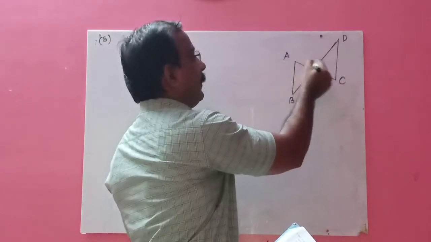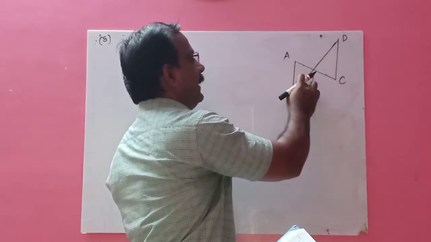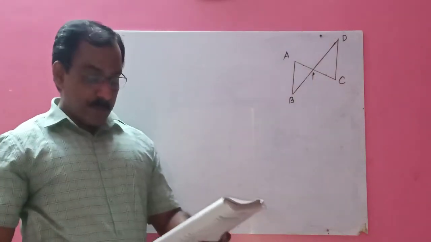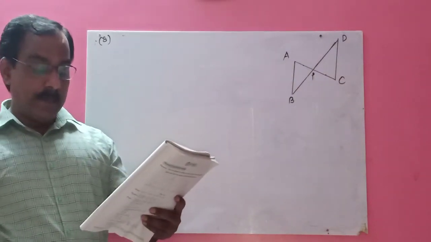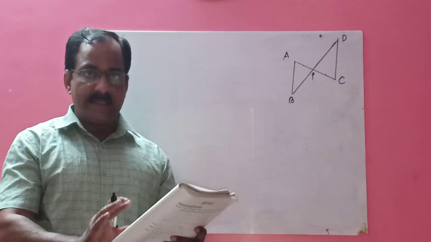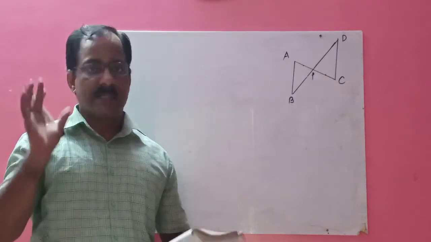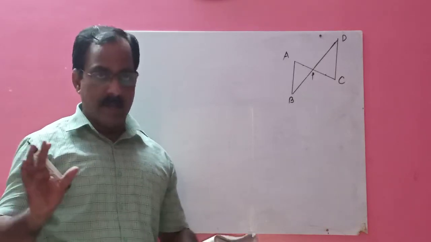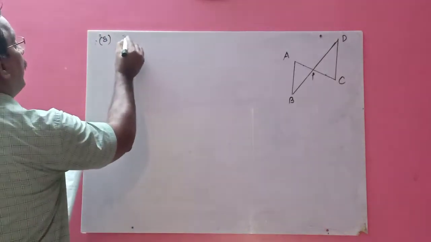Right? This upon this is given and this BP upon DP is given. So we have to prove triangle ABP similar triangle CDP. In this exercise, this is the easiest sum. Very easy sum.